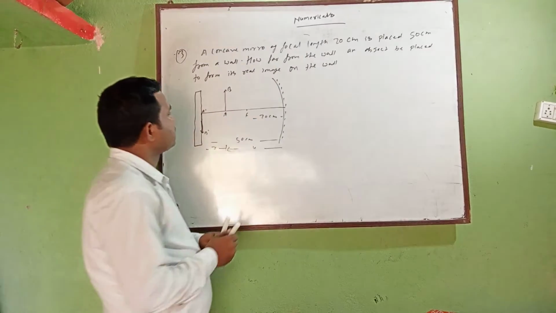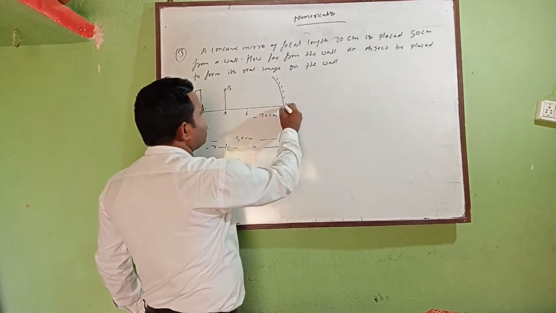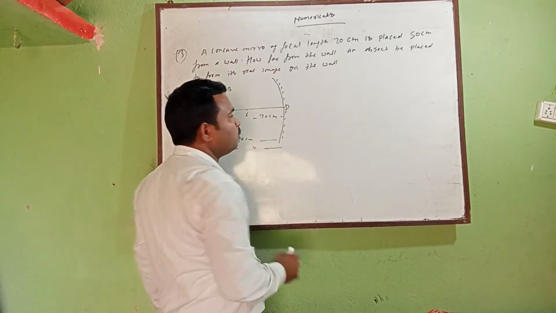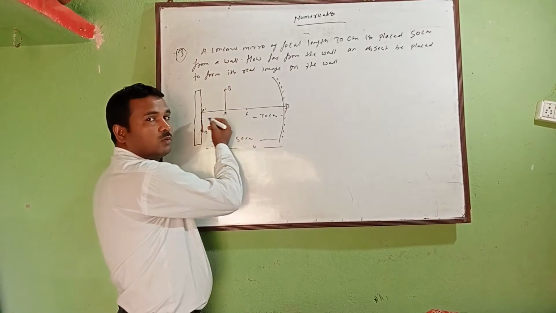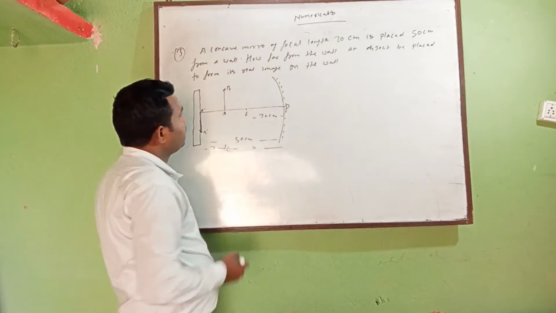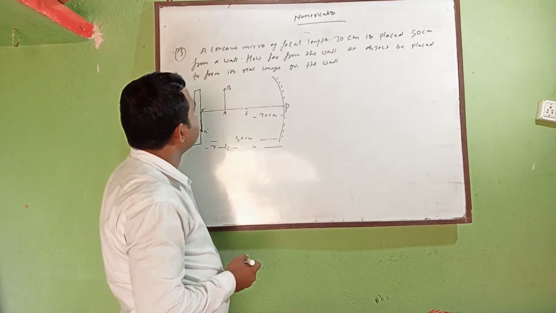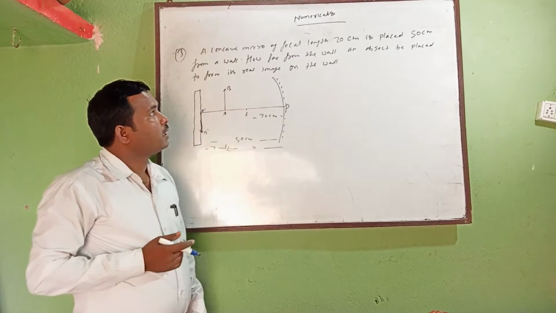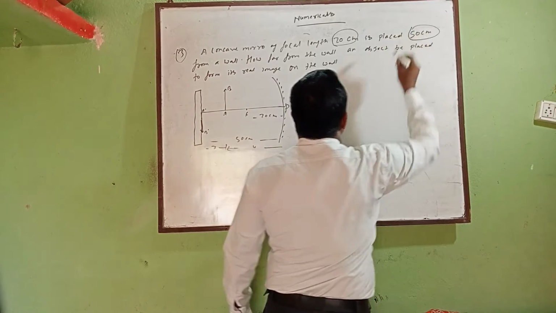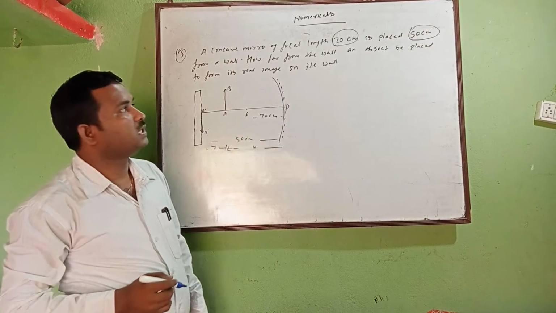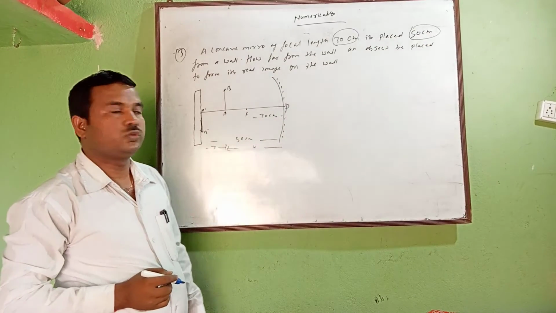Now we can see that we have a concave spherical mirror, and this is the pole, and this is the focus, and the center of curvature will be inside here. The focal length is mentioned, and the wall distance from the pole is also given.